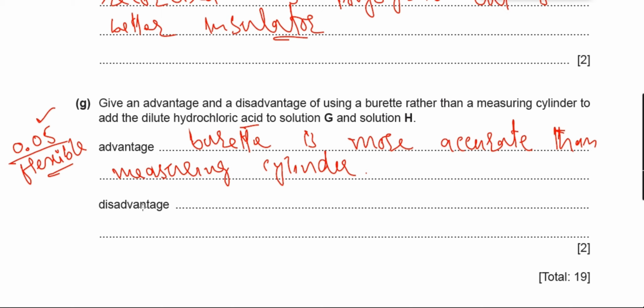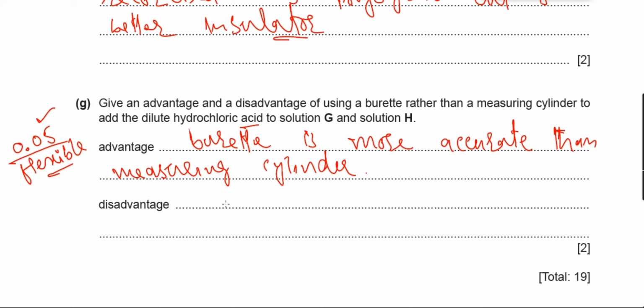Next he says disadvantage. So disadvantage, as I said, flexible, so it will take more time and be slow. So due to this reason, there might be a chance that the volume is added slowly, so the temperature change will be disturbed.